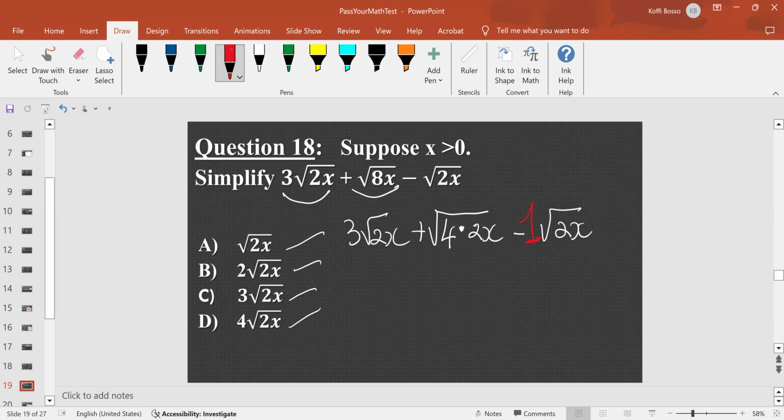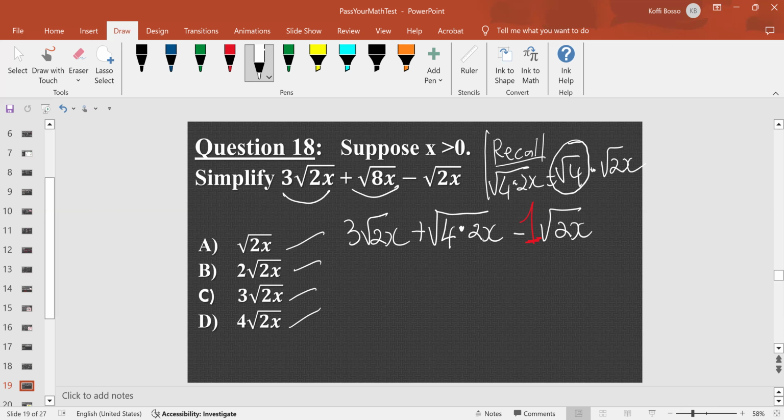So remember, the square root of 4 times 2x is the same as square root of 4 times square root of 2x. But this square root of 4 is a regular 2. So I have a 3 square root of 2x plus regular 2 square root of 2x minus 1 square root of 2x.